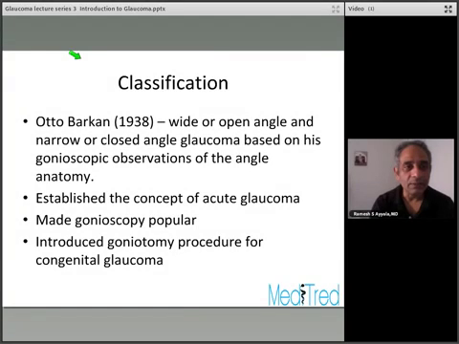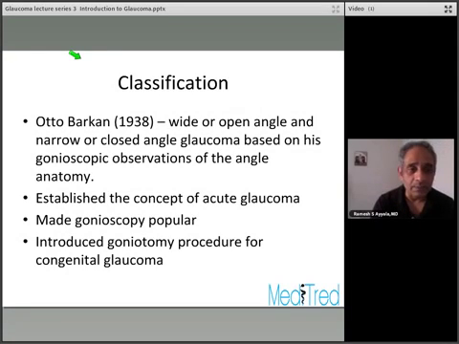Okay, so it was left to Otto Barkan, an American practicing at Stanford University in 1938, using his gonioscopy skills to describe glaucoma as wide or open angle and narrow or closed angle glaucoma based on his gonioscopic observations.